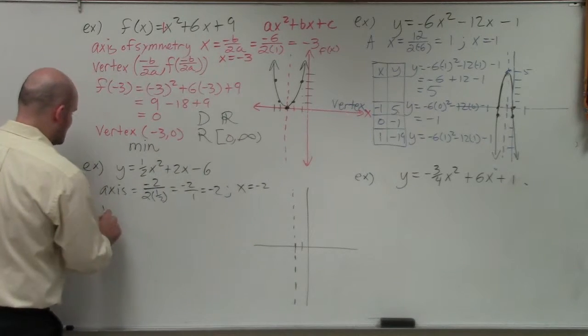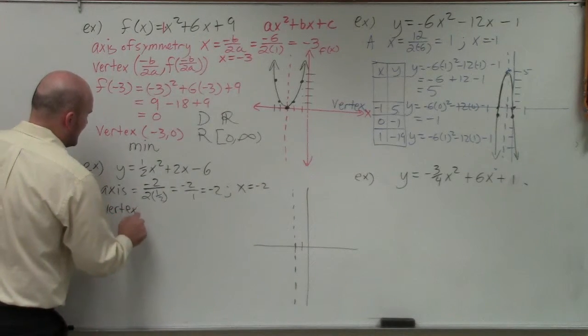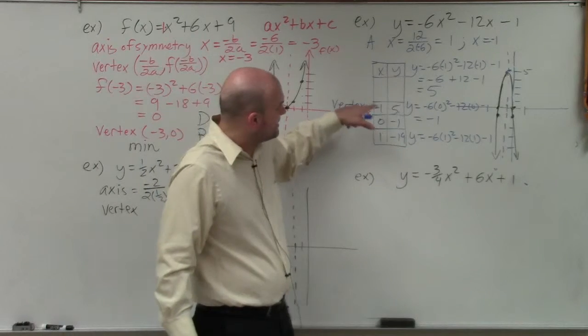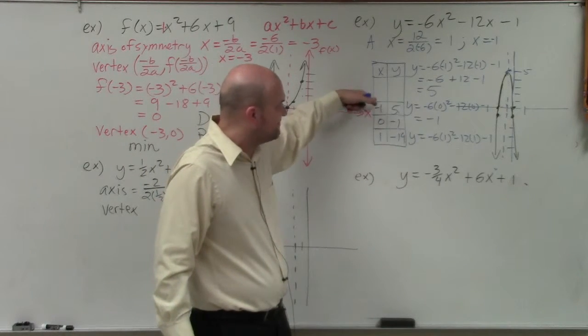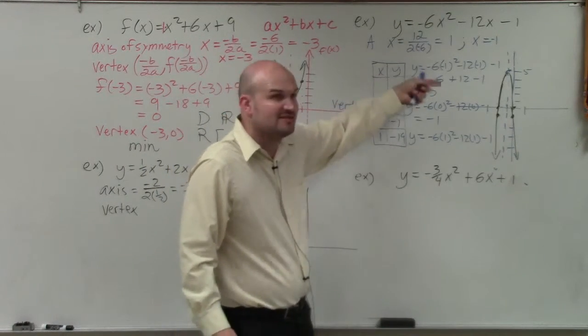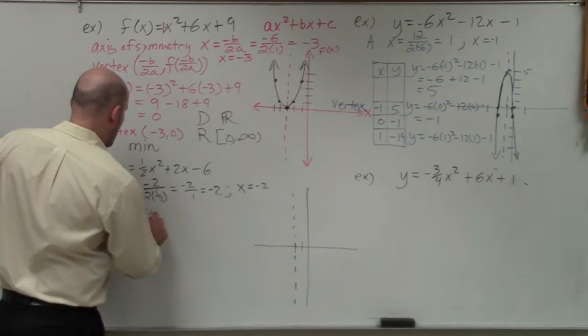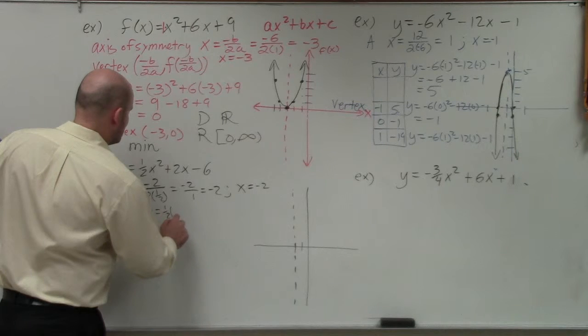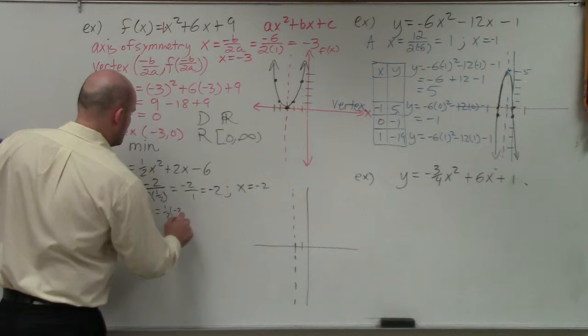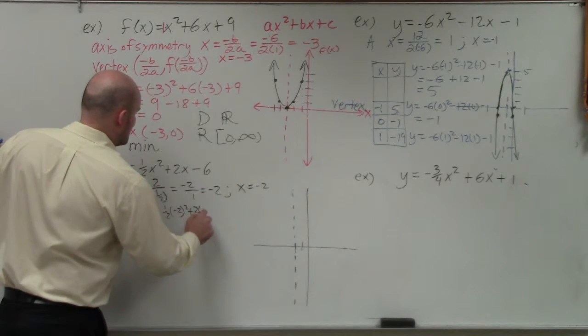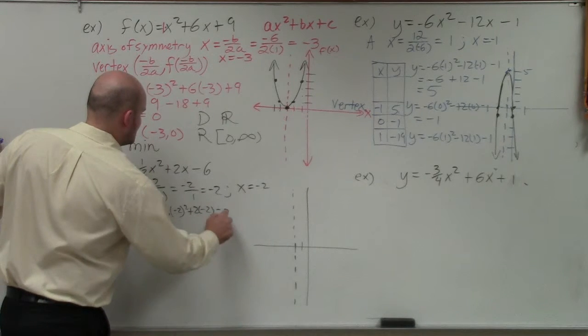To find the vertex, again, if you noticed what I did in the last example, I know that the vertex has the same x value as the axis of symmetry. I just plug that value in to find y. So my vertex, I'm basically just going to take my equation, y equals 1/2 times -2 squared plus 2 times -2 minus 6.